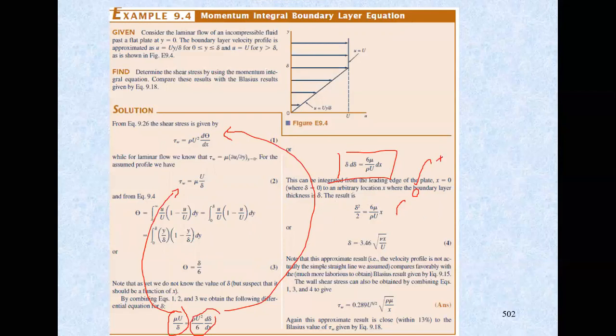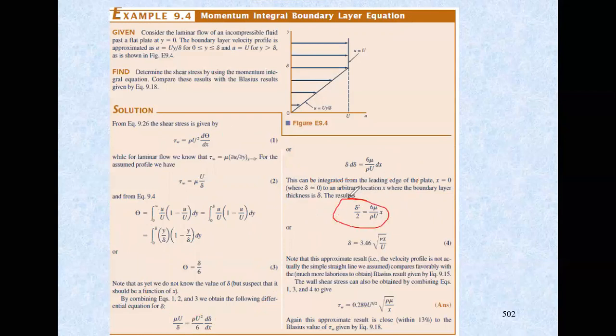So you have this, and then you can conclude delta is equal to, we can input all the known parameters. In this case, square root of 12, and then you have mu over rho, and then so you have this 3.46 times square root of mu x over rho U. That will be your delta over here.